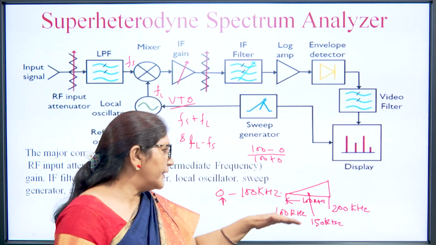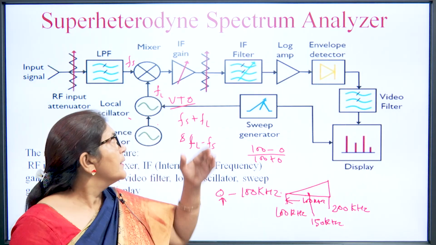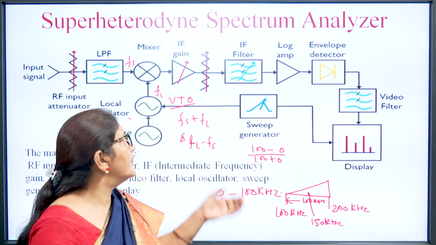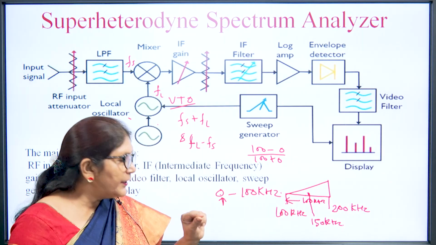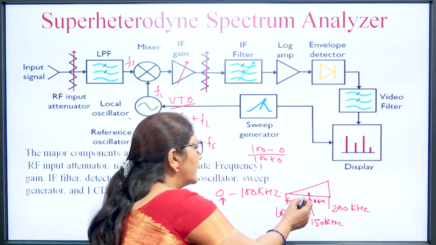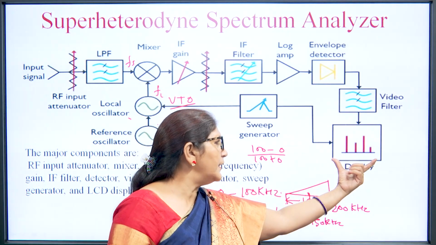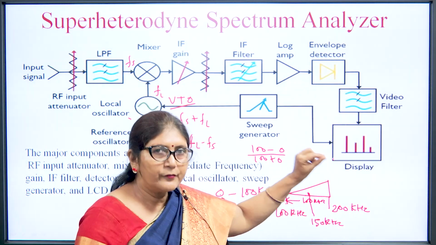Then the next is 150 minus 50, which is 100 kilohertz, and that 100 kilohertz will pass through the IF filter. So, the 50 kilohertz frequency is displayed at the center of the screen. With this type of filter, the screen will display the respective frequency component.